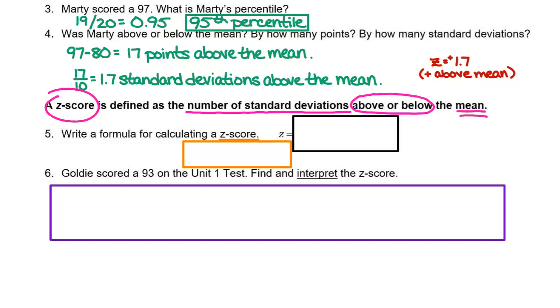The standard deviation. Yes. So for our z-score, it is the value minus the mean divided by the standard deviation. Value minus the mean divided by the standard deviation.